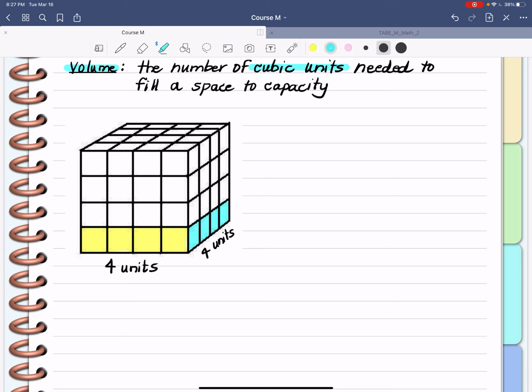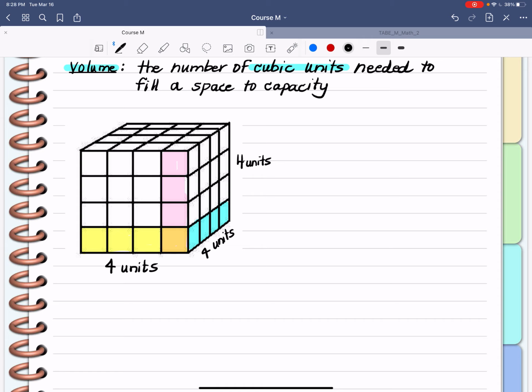And then how tall is it? There's 1, 2, 3, 4. We may get some orange in that last one where the yellow and red cross, but it is 4 units tall. That's what makes this a perfect cube. It's a 4 by 4 by 4. That is a perfect cube.